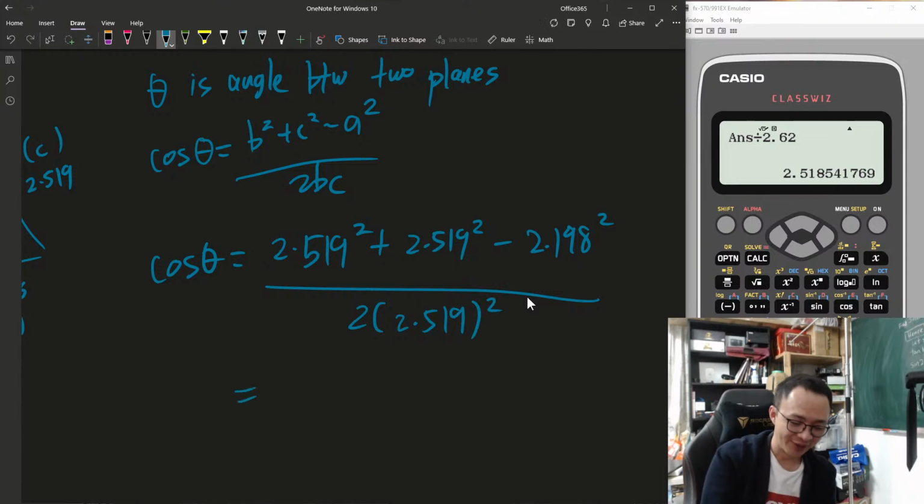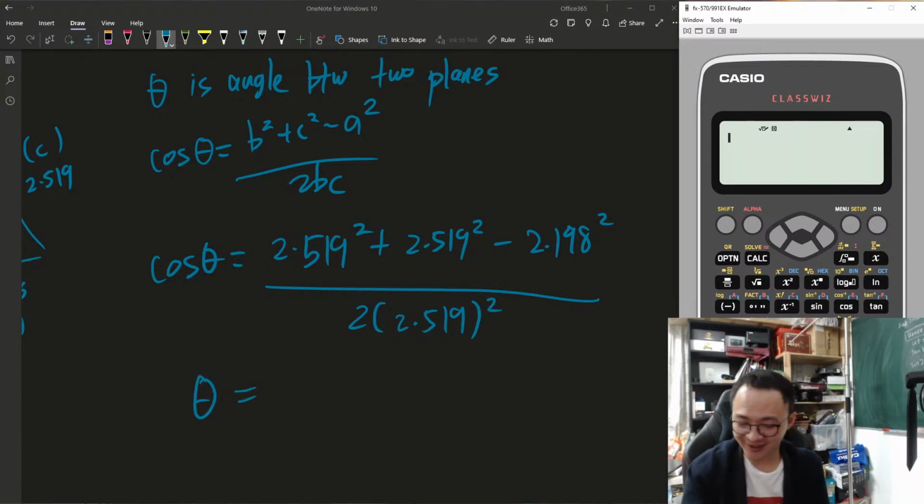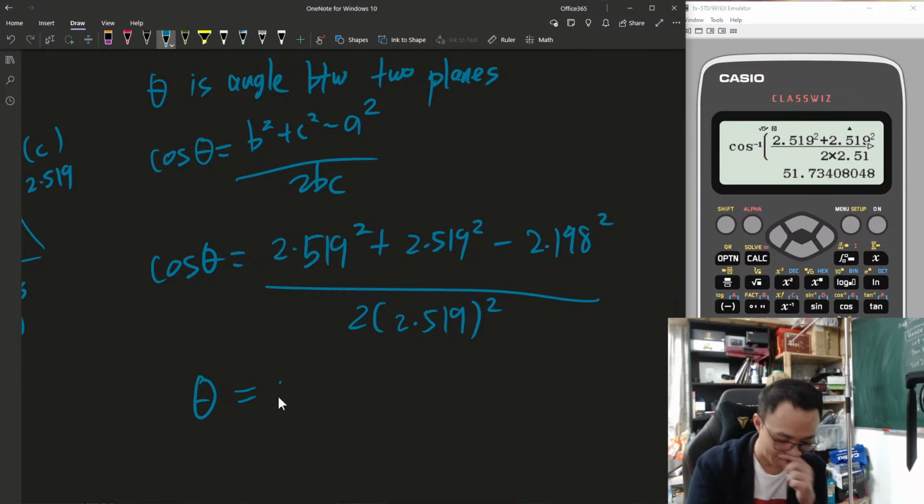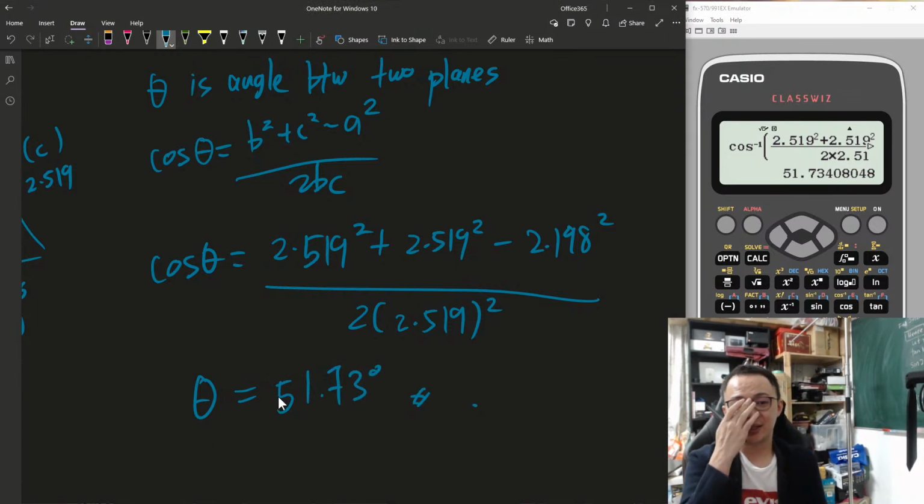Yeah, so I can find the theta, but just insert everything in the calculator to solve these crazy questions. 2.519 squared plus 2.519 squared minus 2.198 squared over 2 times 2.519 squared. Okay, I hope I don't type any mistake. Yep, this one will be the angle between the two planes.